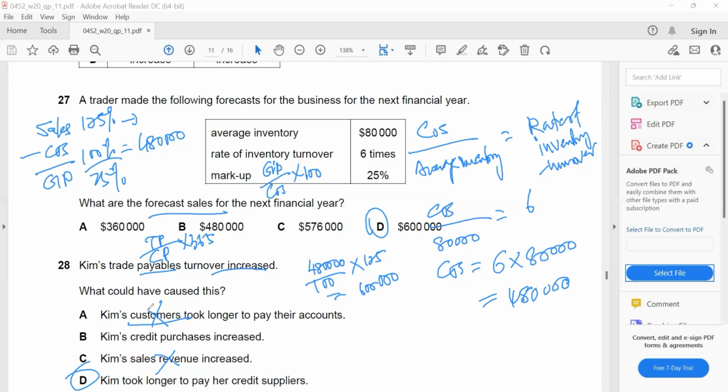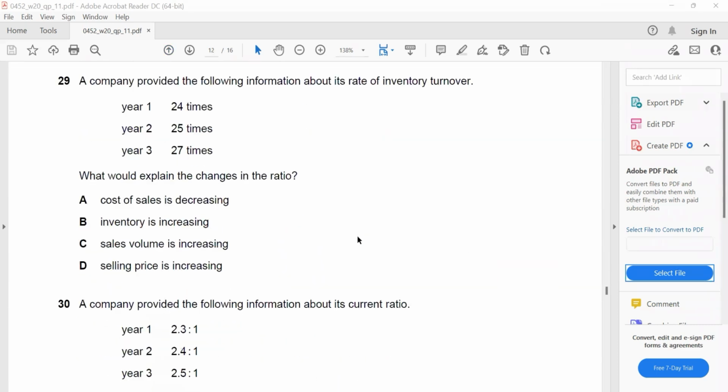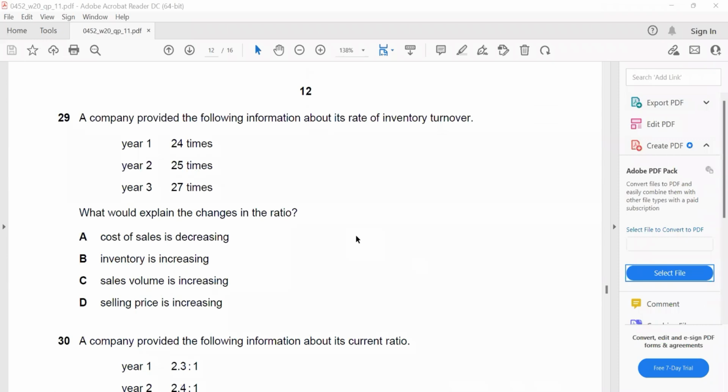Okay, now let's move on. 29. A company provides the following information about the rate of inventory turnover. Year 1, year 2, year 3. What will be explained in the change? Rate of inventory turnover is taking the cost of sales divided by the average inventory. So this one is getting more.